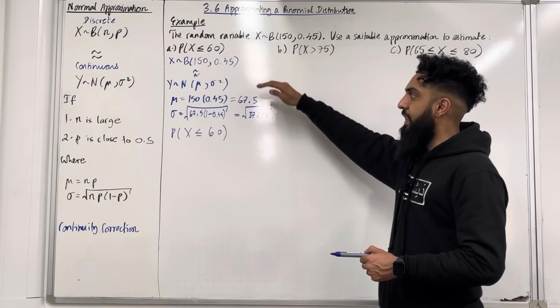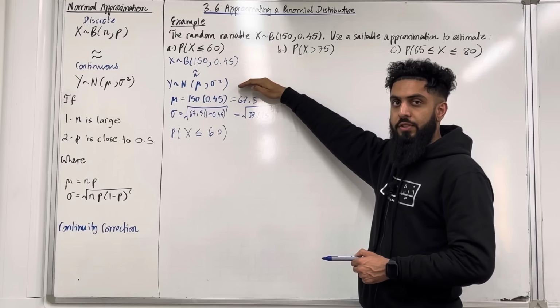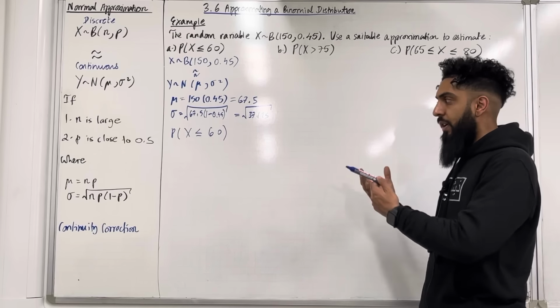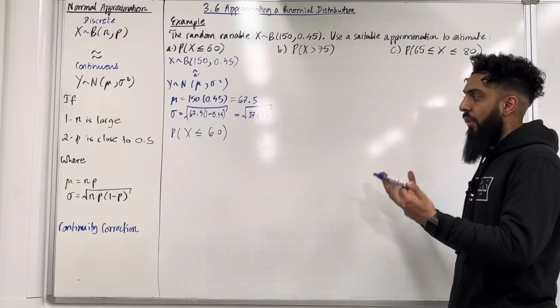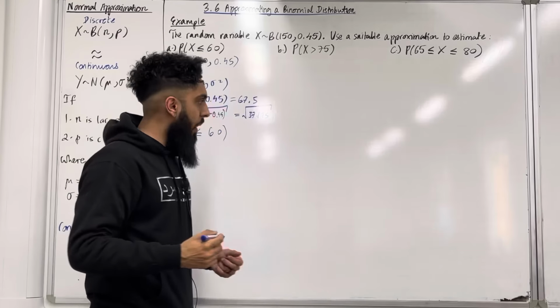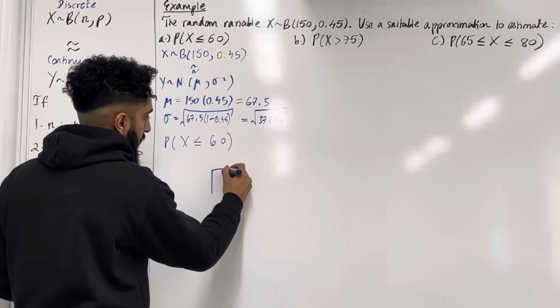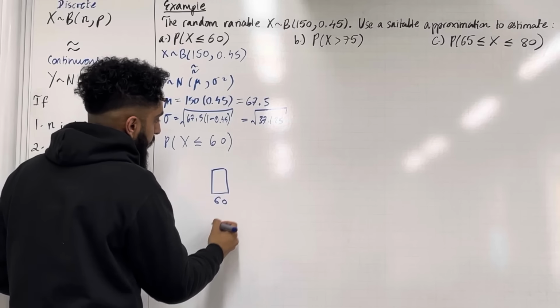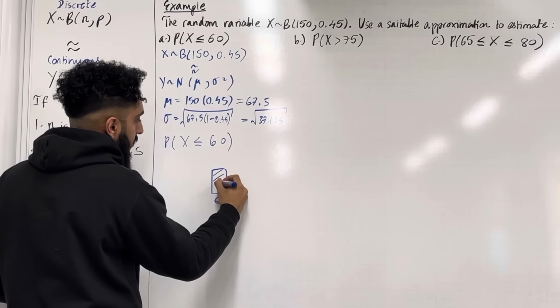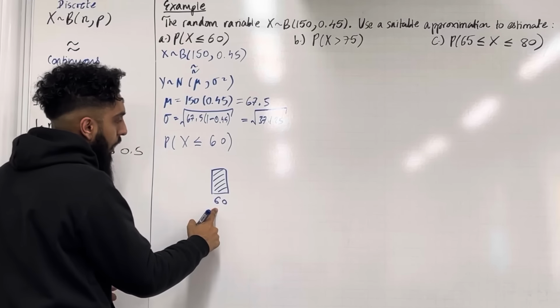Since we're going from a discrete distribution to a continuous distribution, we must apply a continuity correction. So I'm going to explain how to apply a continuity correction with the use of a diagram. Okay, so I've got a block over here. The block represents 60. Since we have X equals 60, we're going to shade in the block so that 60 is included.